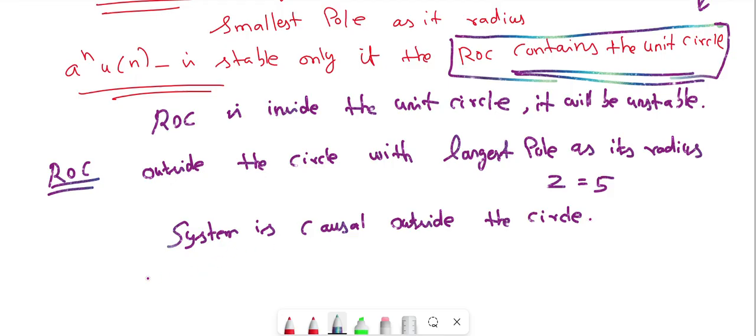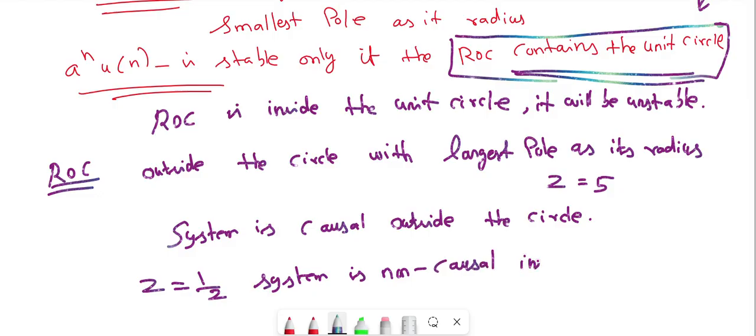What is the smallest pole? Is it 1/2? The smallest pole gives the non-causal case, inside the circle of radius equal to 1/2.